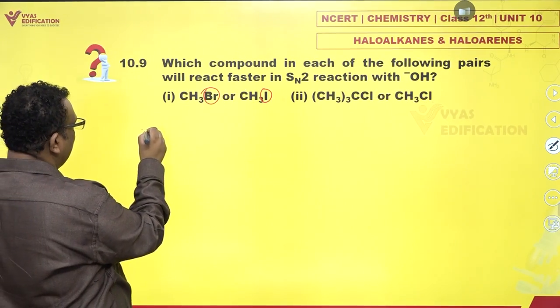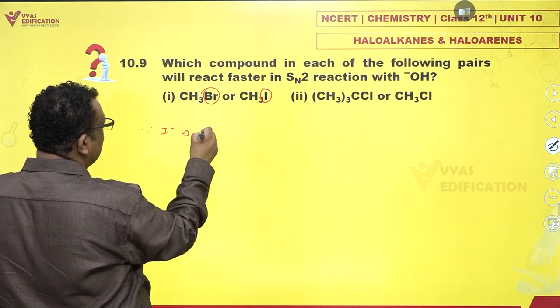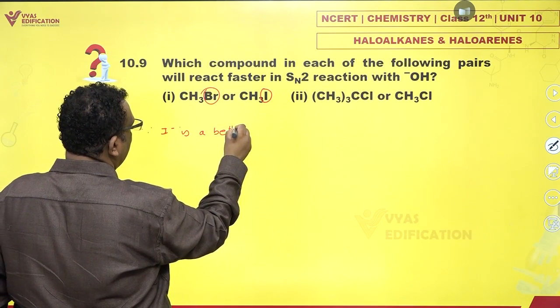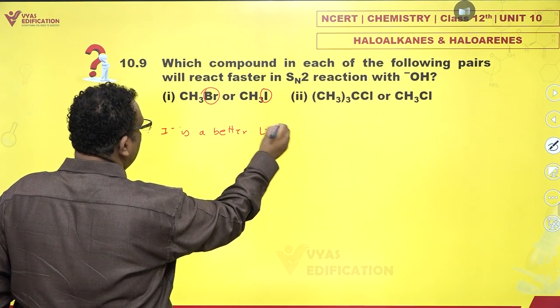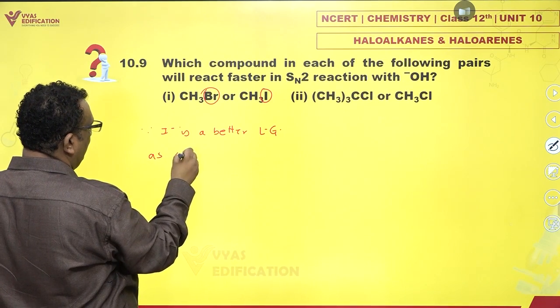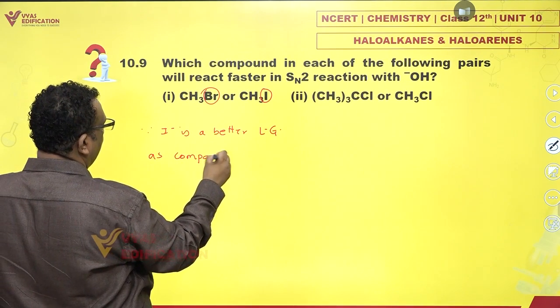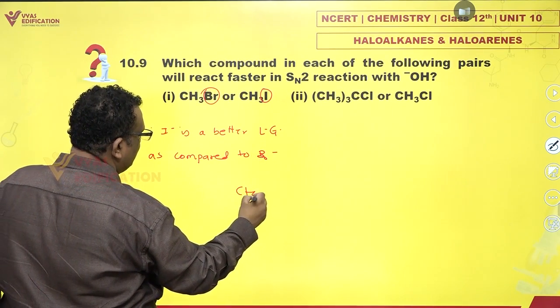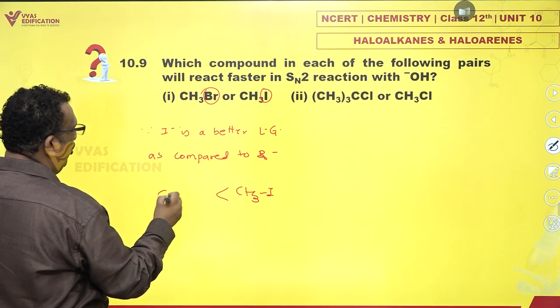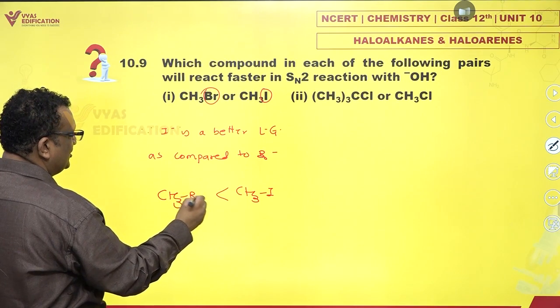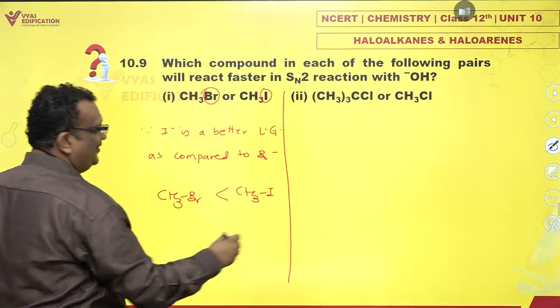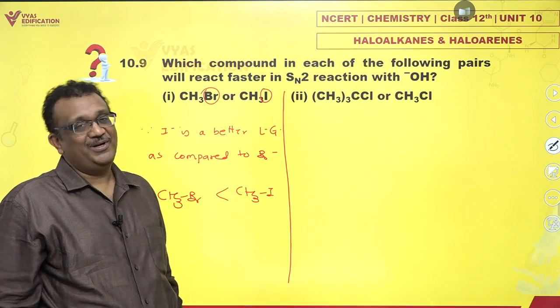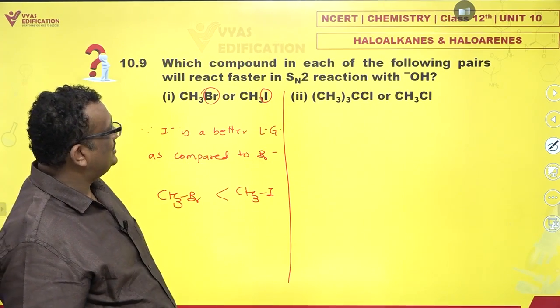So since I minus is a better leaving group as compared to Br minus, the rate of reaction of CH3I will be more than the rate of reaction of CH3Br. Simple but elegant.